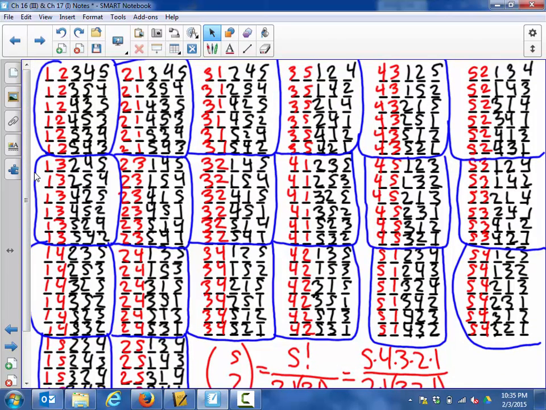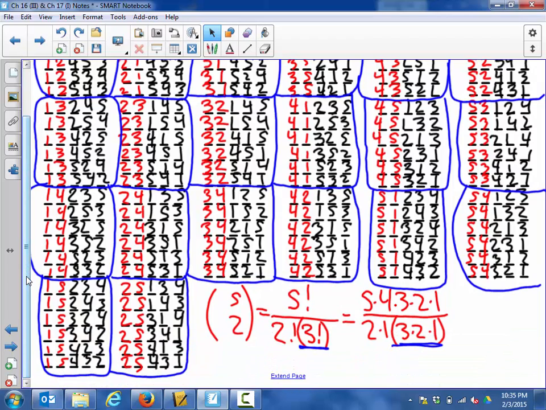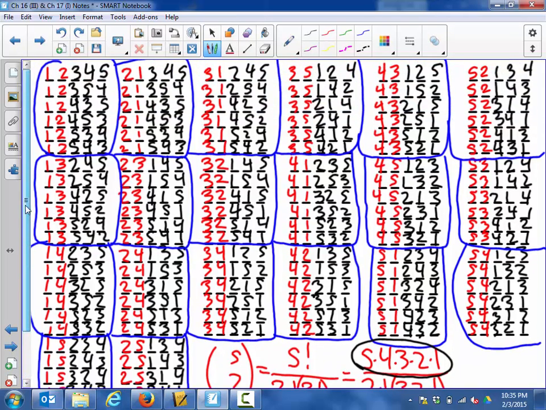What you see here on this next slide is 5 factorial written out, all 120 of them. That is your numerator here for this combinatorics piece: 5 times 4 times 3 times 2 times 1. It's showing you that you can have, for instance, 1, 2, 3, 4, 5 in the upper left. You could rearrange to be 1, 2, 3, 5, 4.